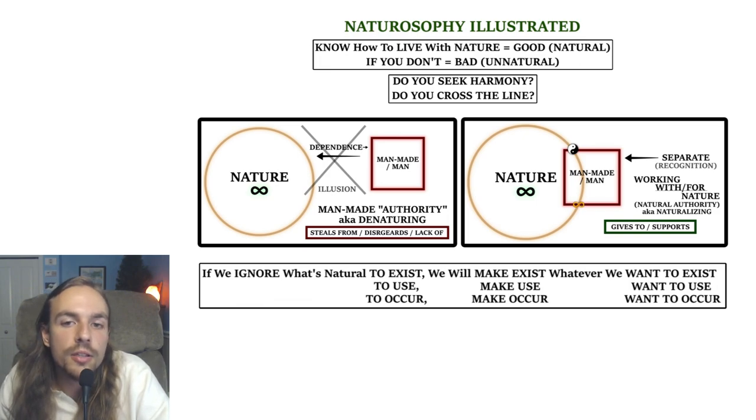Now, the only thing that you might question here then is, how do we know? How do we know if we are working with or for nature, if we're giving or supporting nature? The key component to this is time. Because knowledge, if it's knowledge, it's helpful, it helps us understand our place, it helps us understand what to do with our nature, and we recognize nature so we are able to harmonize with it.